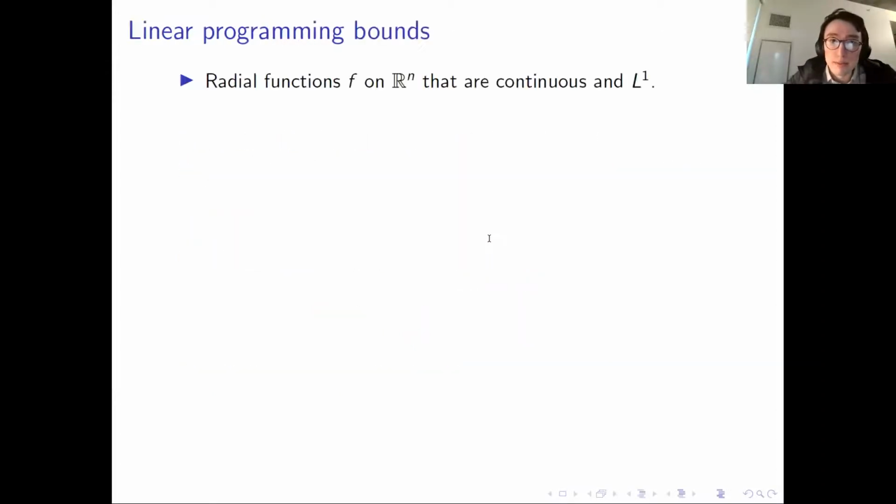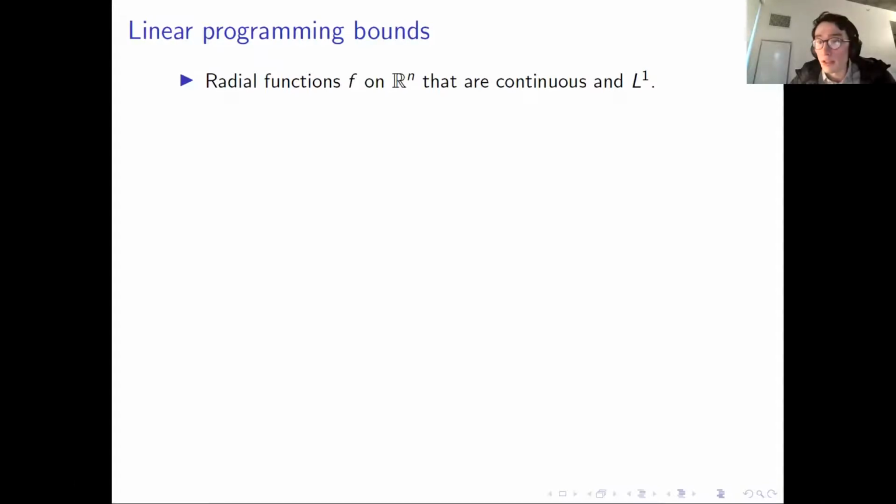Well, one effective method is the technique of linear programming bounds, which is a general method that works in any dimension. It'll give an upper bound, which is not necessarily sharp. So we need a piece of input, which is a test function, in order to give a bound using the linear programming bounds.